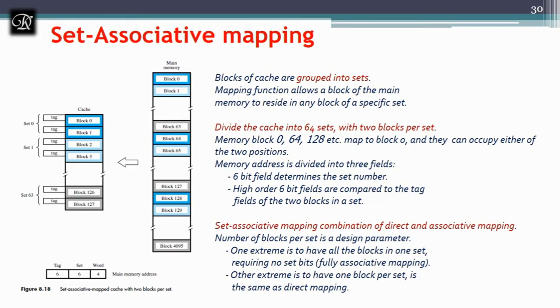Here we take the cache and divide it into a number of sets, and we apply direct mapping to decide which set the block has to enter. Inside that particular set, which block it has to acquire is decided by associative mapping.